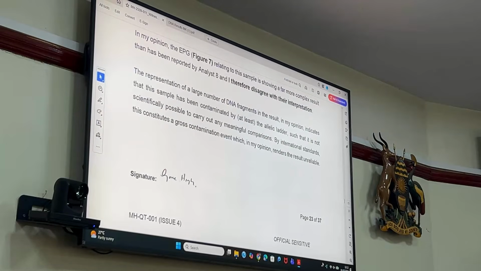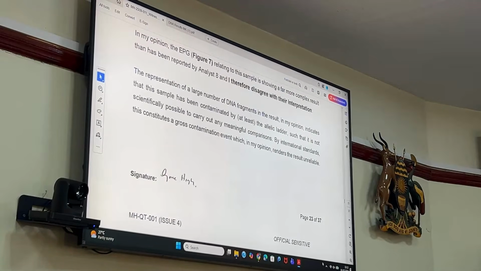As such, if ladder is found earlier in the stage, the laboratory must stop processing samples, carry out an intensive deep clean, run blank samples known as environmentals to demonstrate that the laboratory is clean.